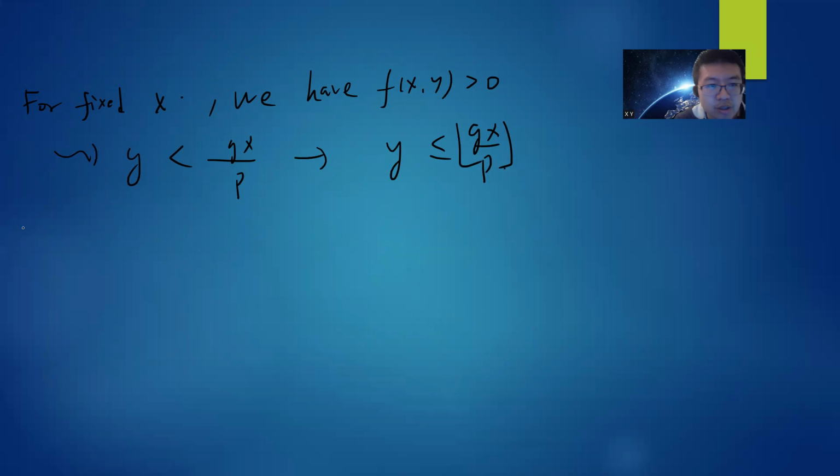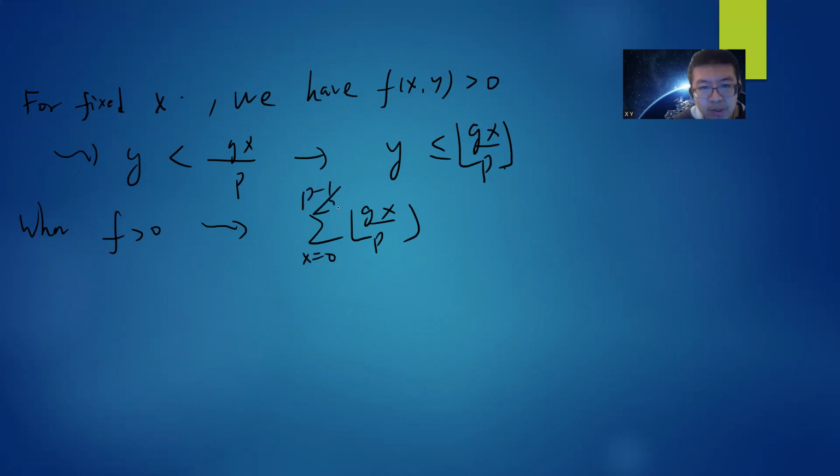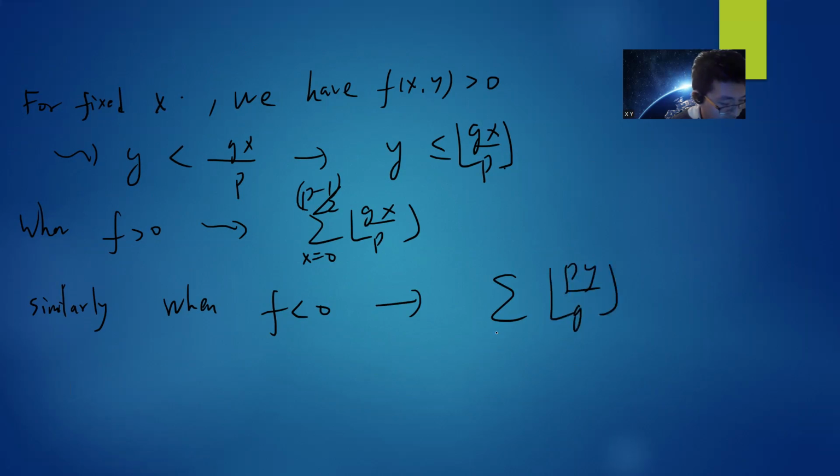Okay, so that means when f is positive, the number of points such that f is positive is just the sum of the floor of qx over p, with x from 1 to (p minus 1) divided by 2. Okay, so similarly, when f is less than 0, the number of solutions will just be the sum of the floor of py over q, for y from 1 to (q minus 1) divided by 2, right? By definition. So it's stupid.